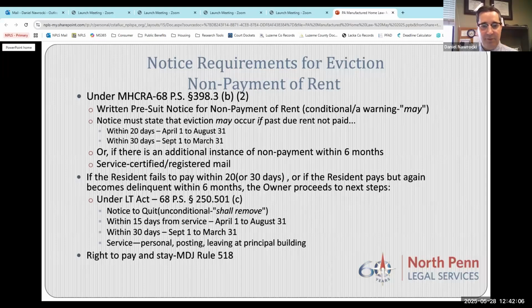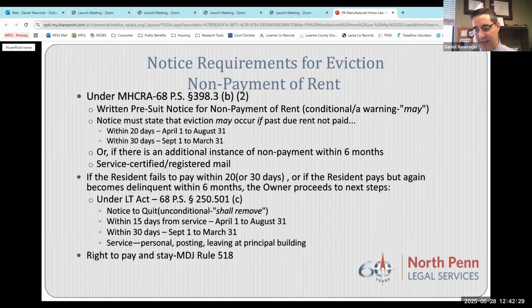So the notice requirements are just a little different for non-payment of rent and for violations of community rules, the two most common issues that we see. I haven't ever had a park closing. I don't know if Cici has ever dealt with park closings or changes of use or anything like that. But all the time we see non-payment of rent cases and community rules cases.